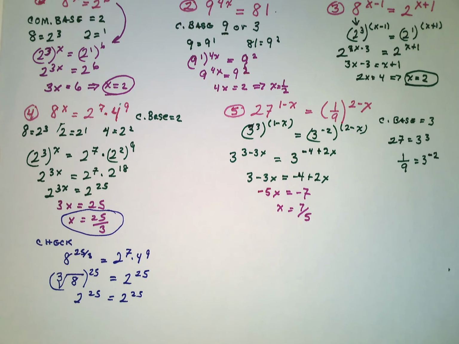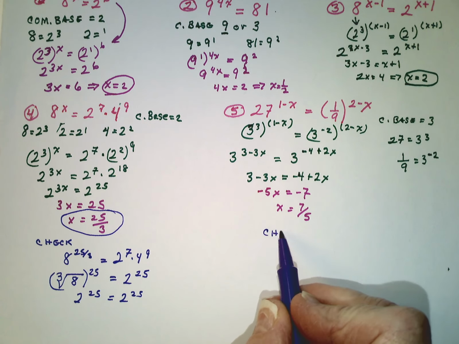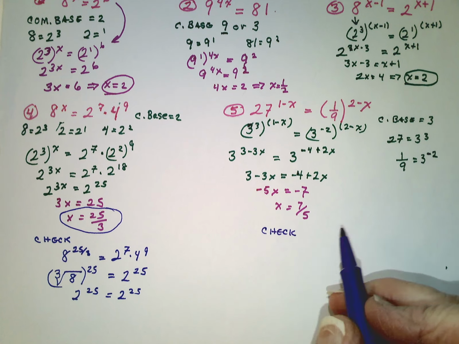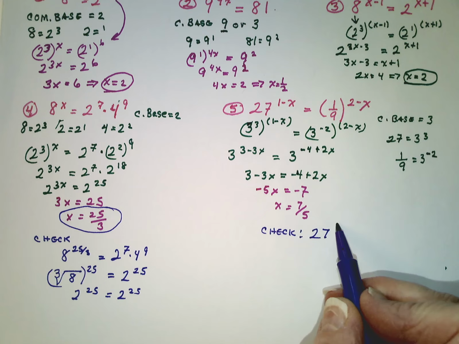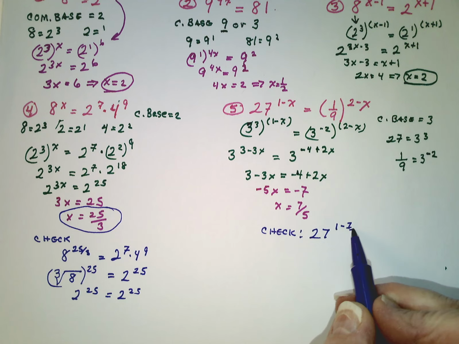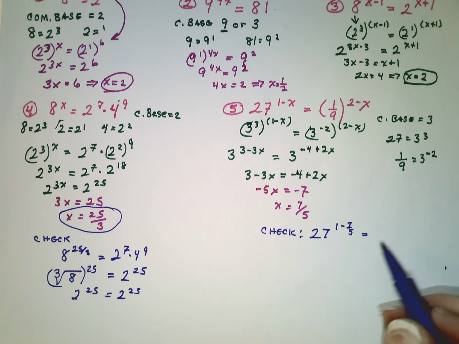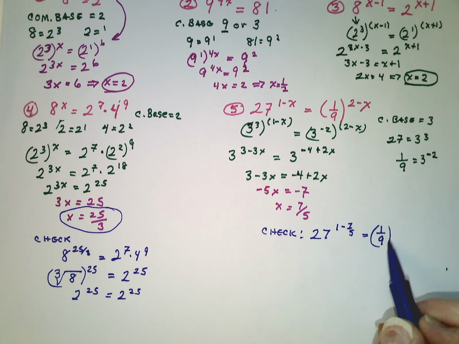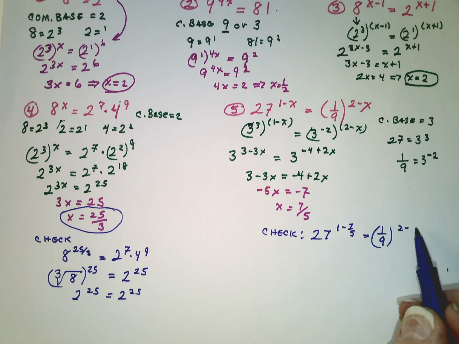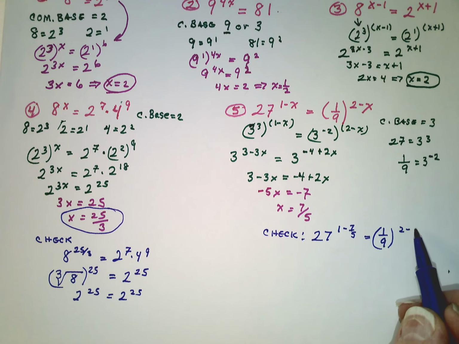And we should probably check it. So 27 to the 1 minus 7/5 is supposed to equal 1/9 to the 2 minus 7/5.